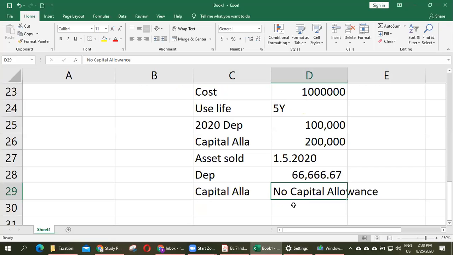If any asset is sold or disposed of, no capital allowance will be granted for that year. If any asset has been purchased, regardless of the date or period of use, we have to provide a full year capital allowance.